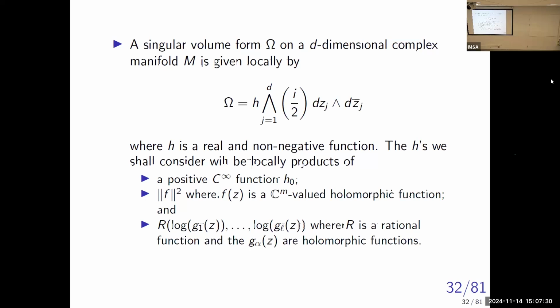Those are the volume forms that you will get from Hodge theory, and therefore from families of algebraic varieties when you look at their Hodge structures varying. Those are the sorts of singularities that you'll see on the volume form near the divisor that you take out.